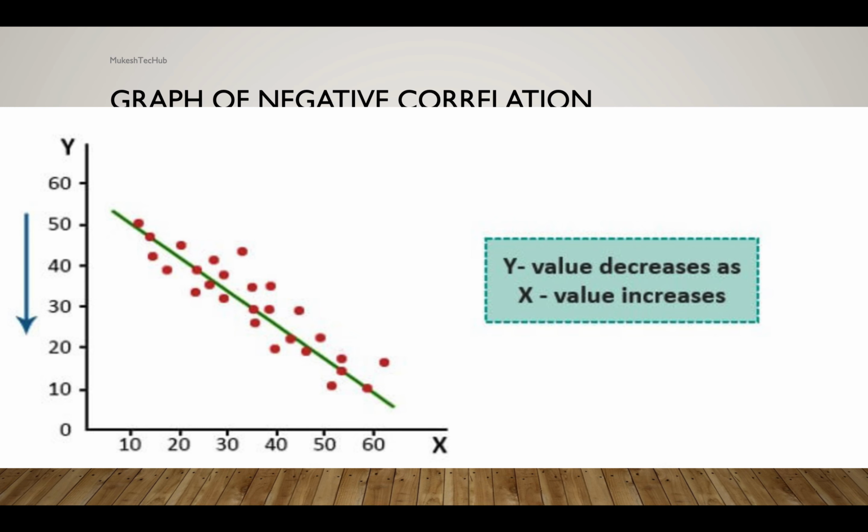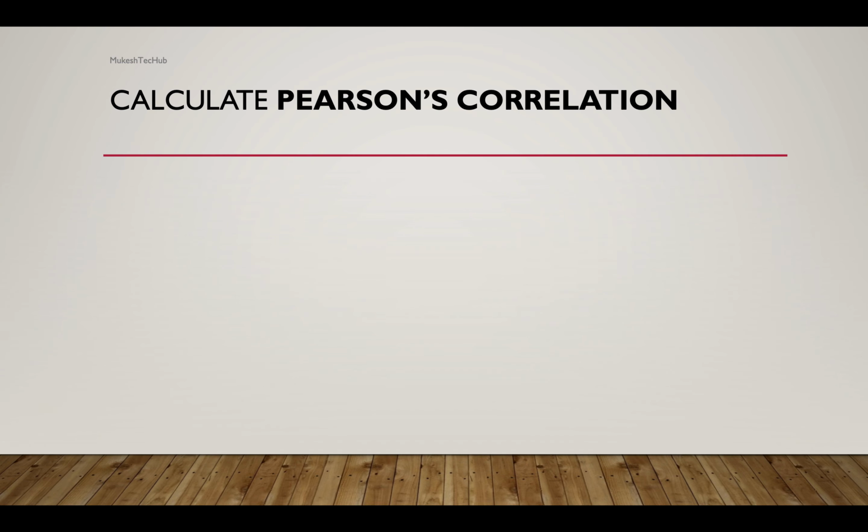No, guys, it's not like that. You must understand how we should read this graph. If you look at the arrow on the y-axis, the y value is decreasing and the x value is increasing, where the range of x is 10, 20, 30, 40, 50 and 60. Once the value of x increases, the y value decreases. This is called negative correlation.